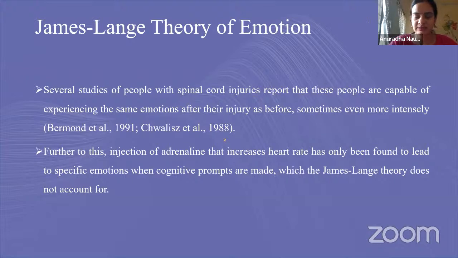What this means is that specific emotions happened only when certain prompts were made. So not all physiological arousals led to experiencing of emotions. So this was a shortcoming of James Lange theory.